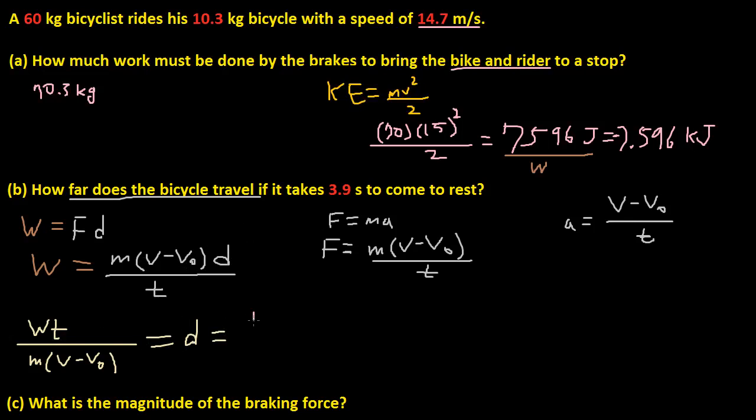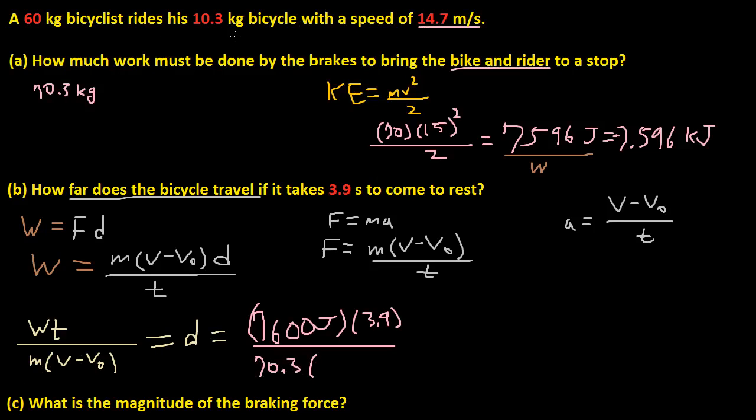Now let's plug in our values. For our work, I'm going to round here, we have 7,600 joules, times t, which is 3.9, and our mass, which is 70.3, times v.